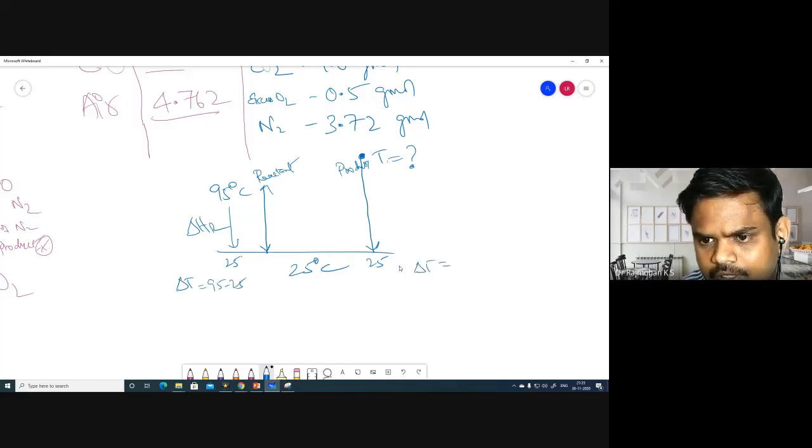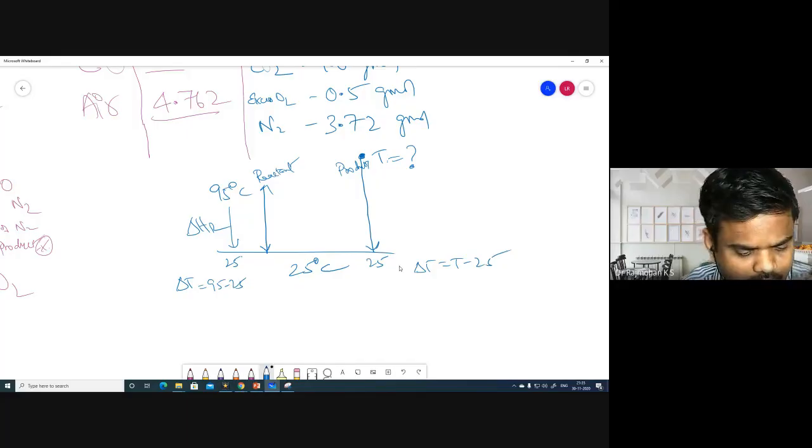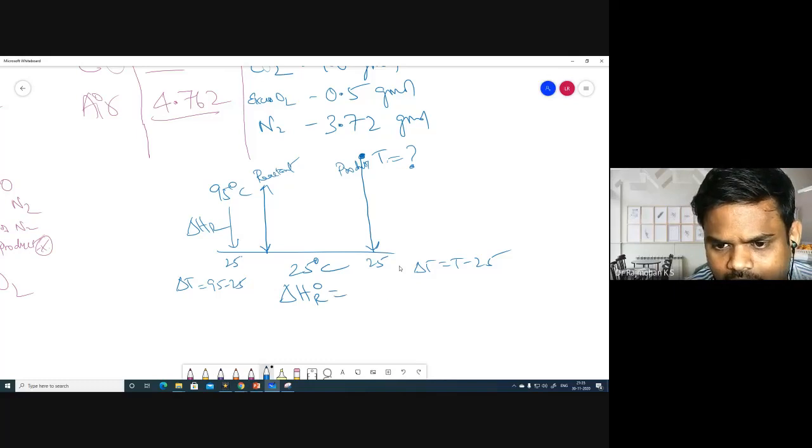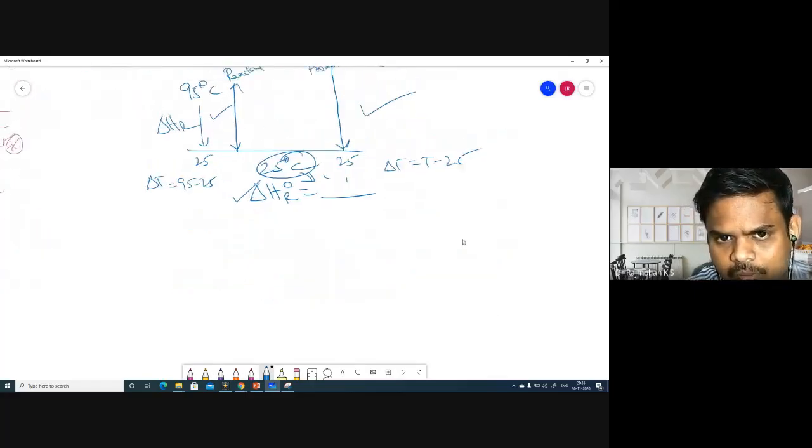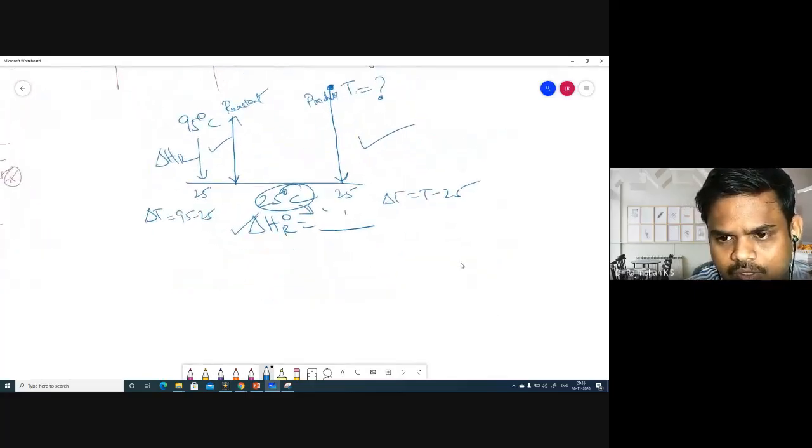For the products, delta T is T minus 25. We know delta H of the reaction at 25 degrees Celsius, we have the data. So delta H of the reactants, delta H of the products and delta H of the reaction, the algebraic sum should be equal to 0 because delta Q is equal to 0.